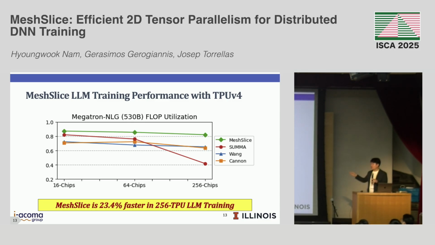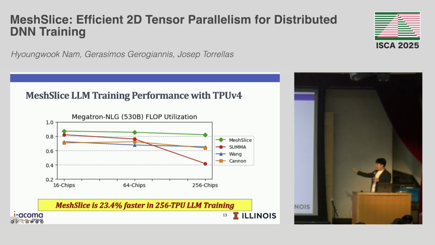We are increasing the chip count from 16 to 256, as well as the batch size, because that's the natural way you scale in LLM training. You can see MeshSlice is always better than the baselines, regardless of the size of the cluster, and remains very scalable up to 256 chips, while others drop in scalability significantly.